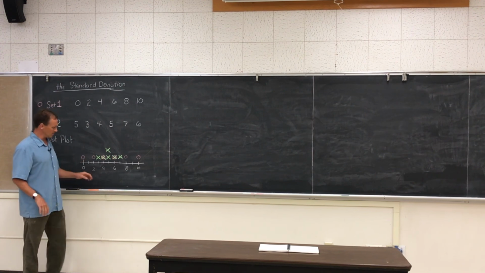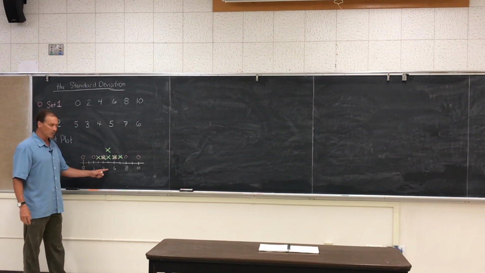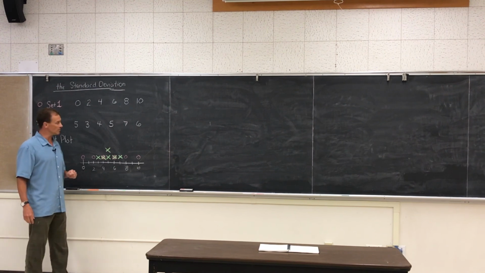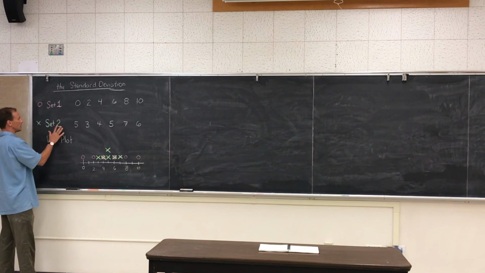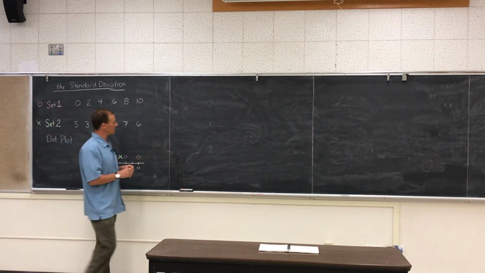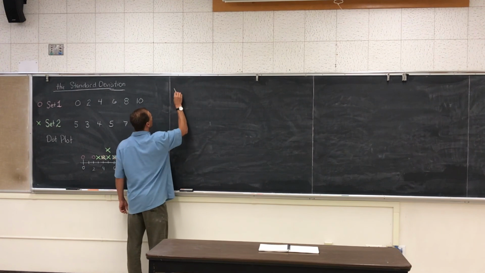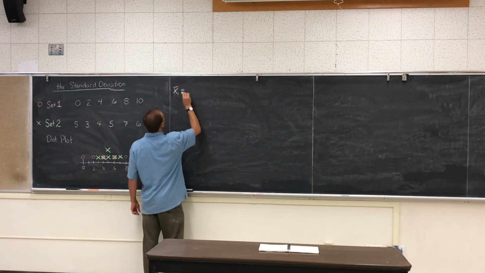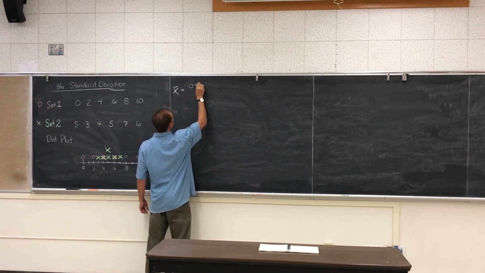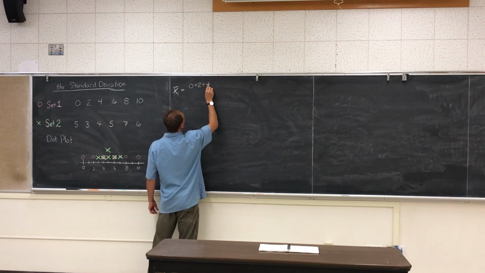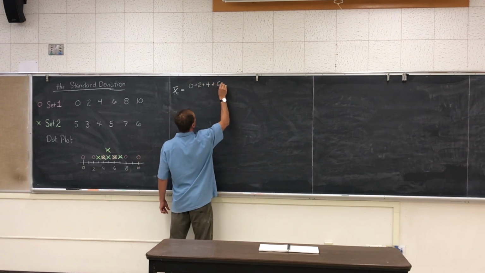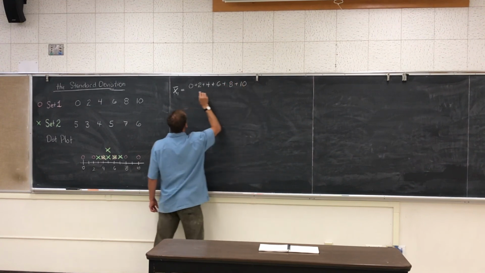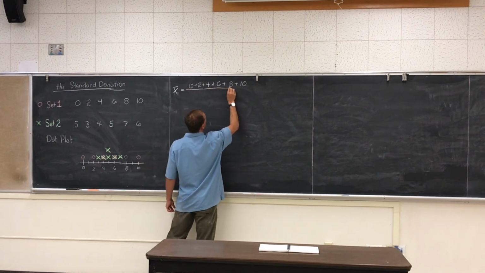But before we do anything more, let's find one of our statistics. Let's take a look at the mean of both data sets. So let's find the mean for set 1 and the mean for set 2. The mean, X bar, for data set 1 is 0 plus 2 plus 4 plus 6 plus 8 plus 10 divided by the number of data.